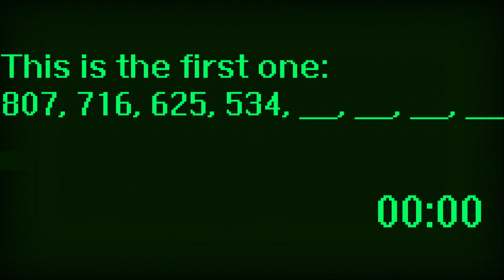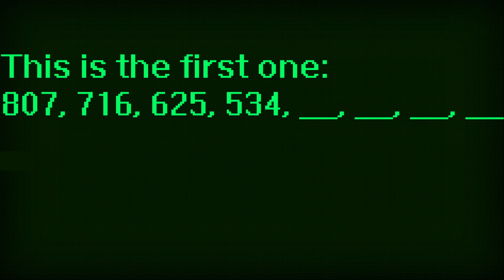In order to figure out the pattern, we need to think about the repeating sequence. First, let's take a look at the last and the first digit of two consecutive numbers respectively. Firstly, 807 has the last digit 7, and the next number, 716, has the first digit 7.